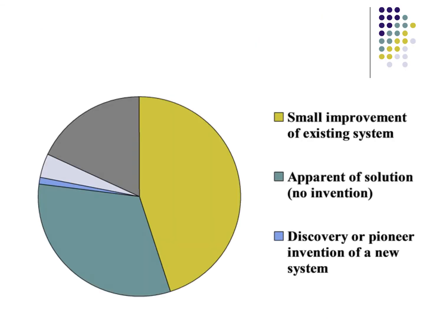Now, their results show that most of the improvements are small improvements of existing systems. That's this color on the right-hand side. If you look at the bottom, the discovery or pioneer invention of a new system is the blue color, a very small percentage.